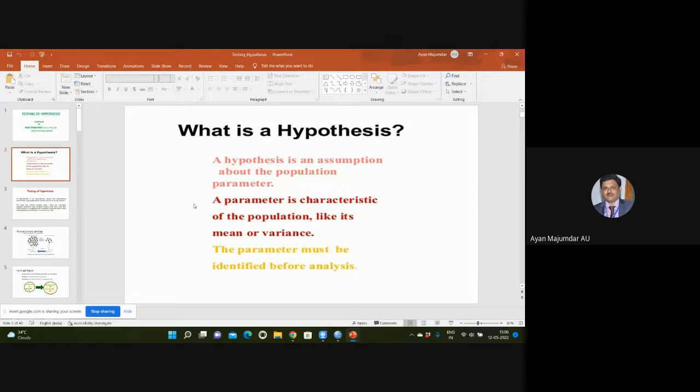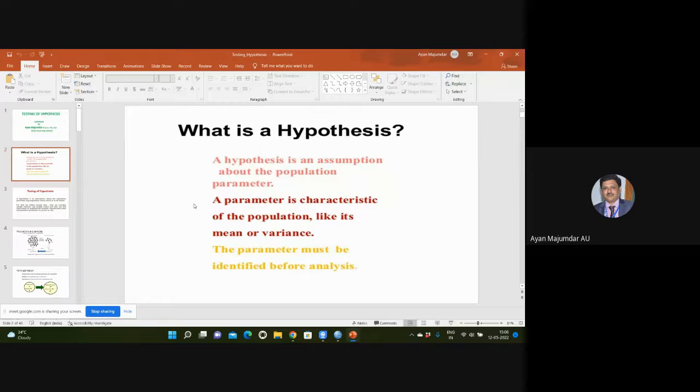Another term which we are coming across here is population parameter. What is this population parameter? In statistics, a population parameter is a number that describes something about the group or the population. Say the average weight of this class is 58 kg. So this 58 kg is the population parameter.